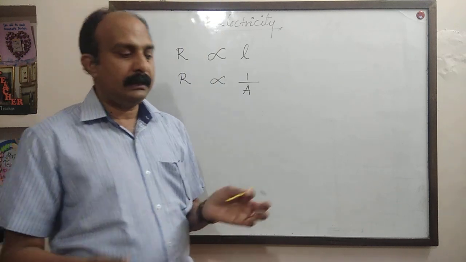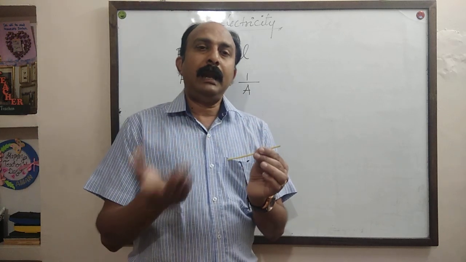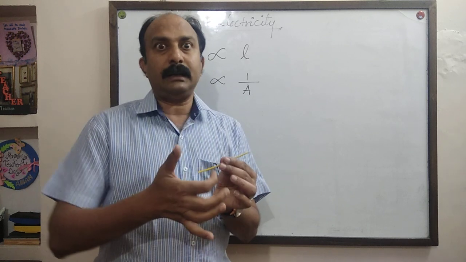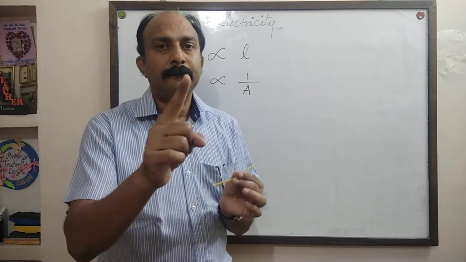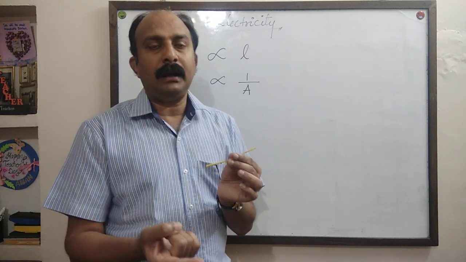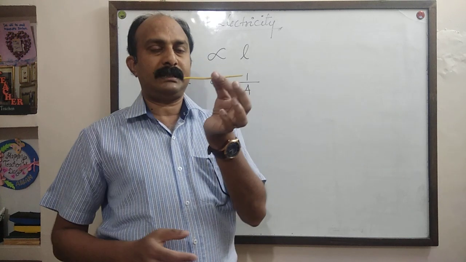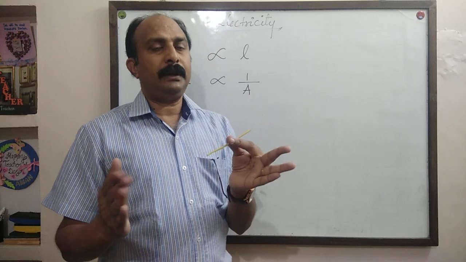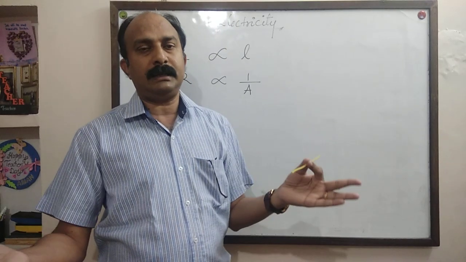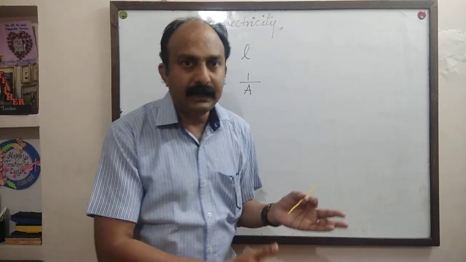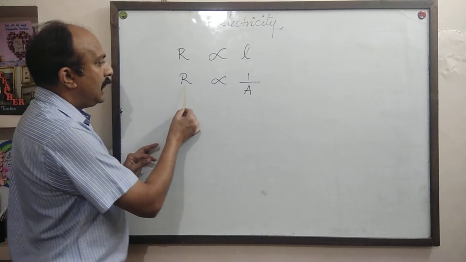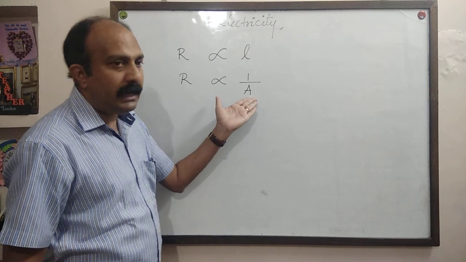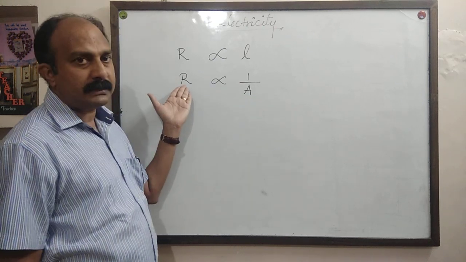Suppose I take this wire and another wire of the same material, say copper, but thicker than this, then the thicker wire will have less resistance than the thinner wire. So remember the point, as thickness increases, resistance decreases, because R and A are inversely proportional. As A increases, R decreases.